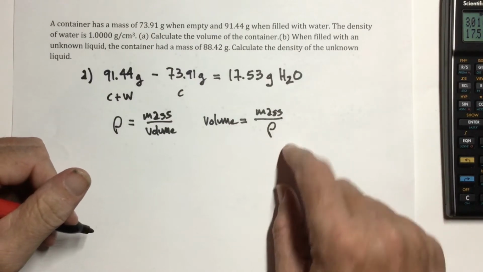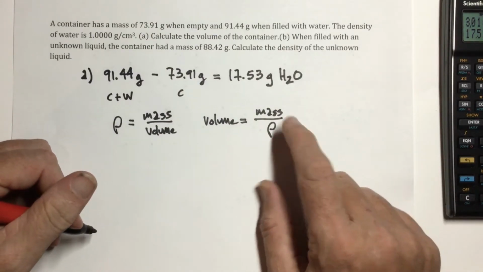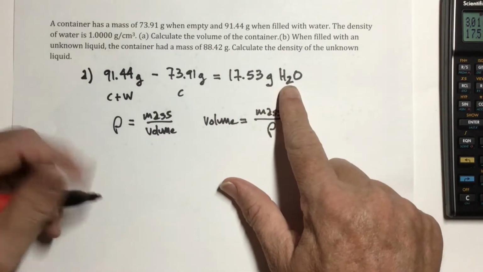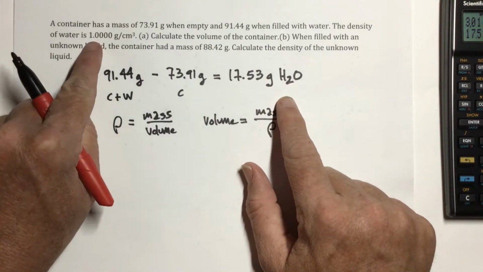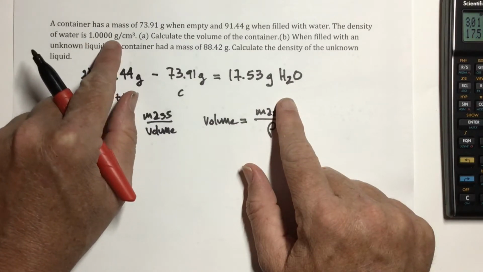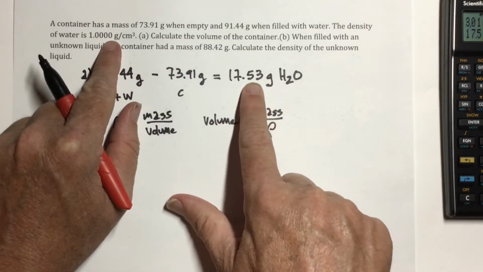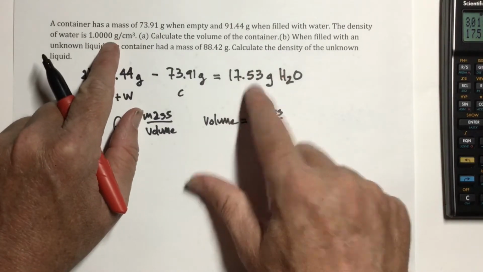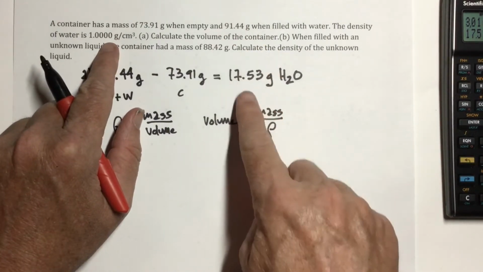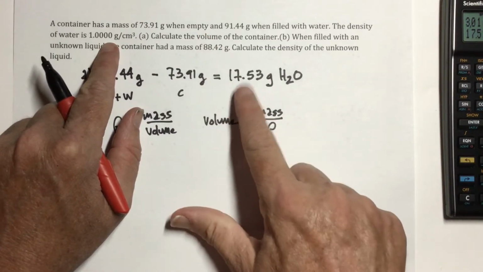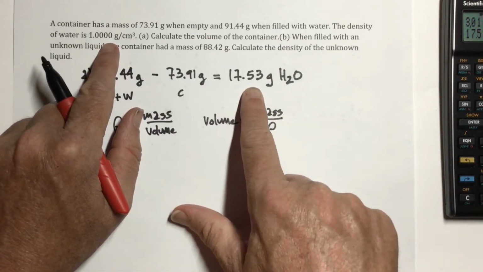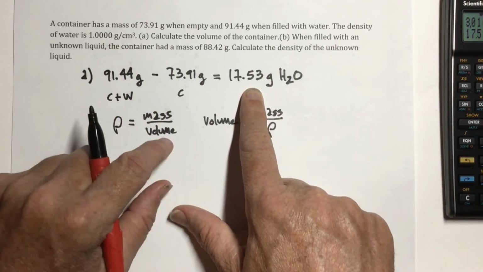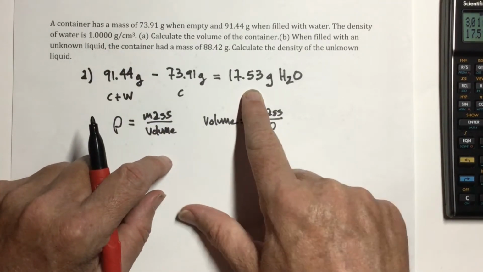Volume is mass over density. We have the mass of water, but because the density of water is exactly 1 gram per cubic centimeter, this number also represents the volume of that water. And since this is the amount of water that was in my container, the volume of the container must be 17.53 milliliters or cubic centimeters. We can just keep using cubic centimeters.